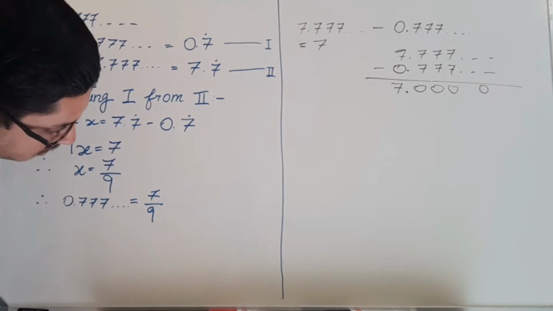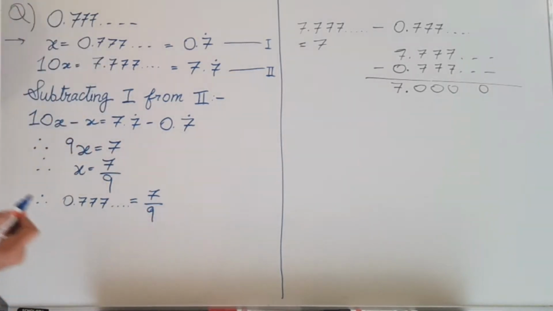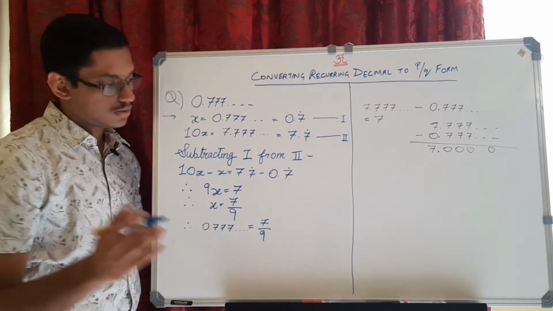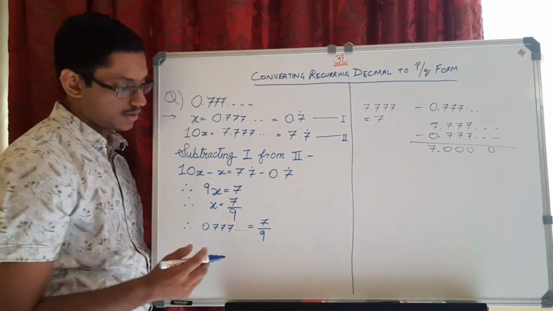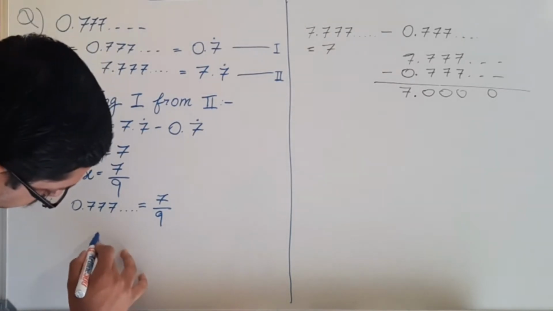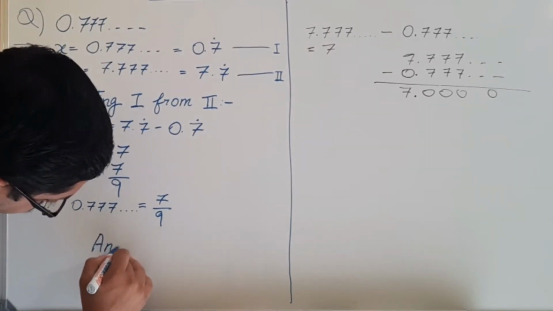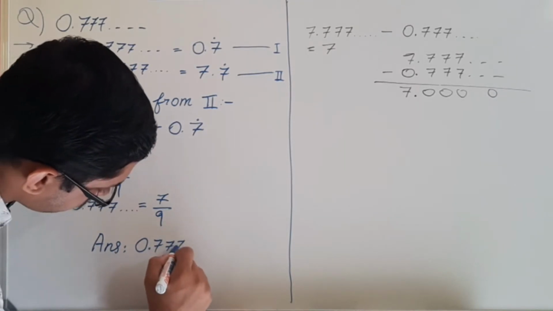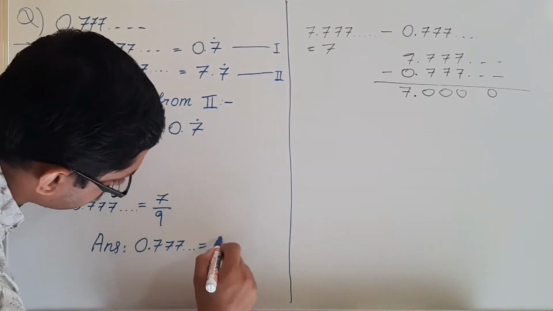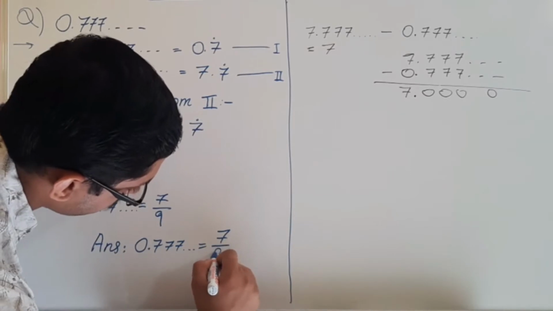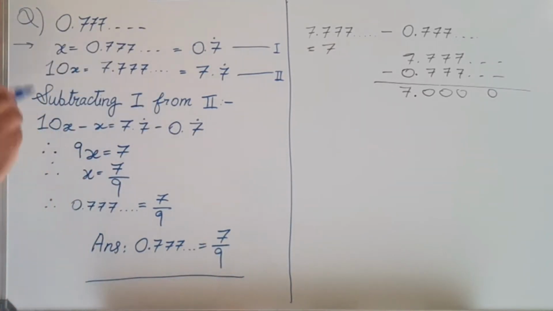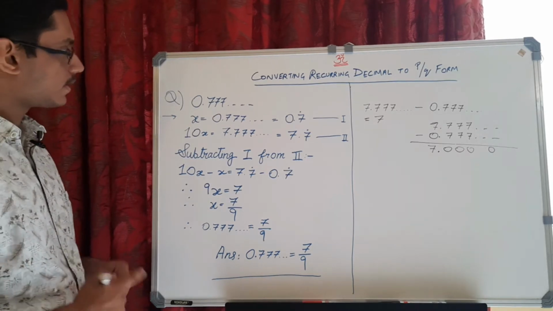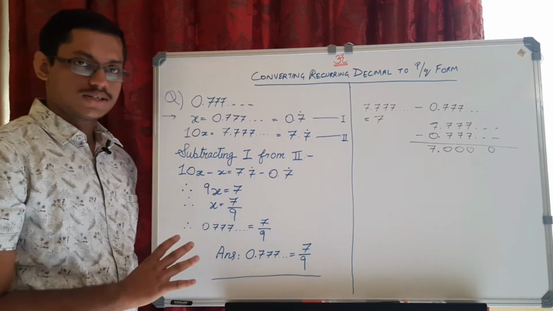Below this, in the paper, in the test, when you are giving a test, you have to write it like this. Answer: 0.777 is equal to 7 by 9. Okay, like this you have to present your answer. So this is one question.